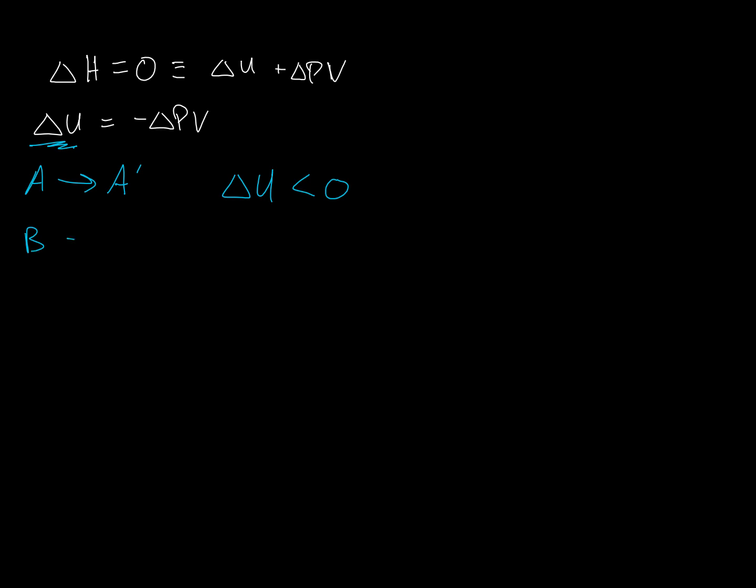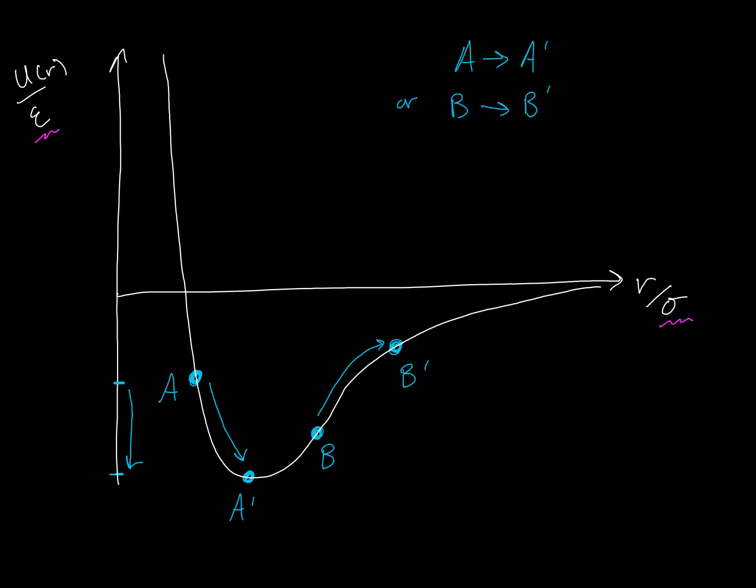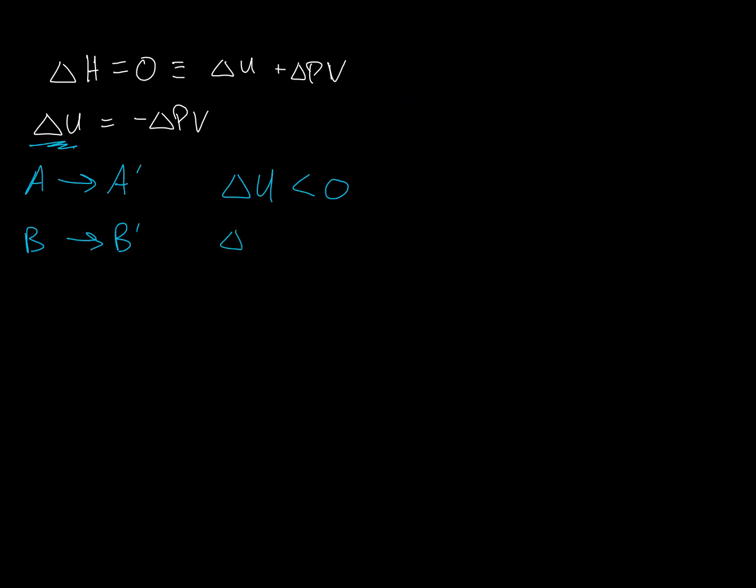Now if we go from B to B prime, is our delta U positive or negative? Positive delta U. Delta U is greater than 0. So we would call this exothermic, endothermic.